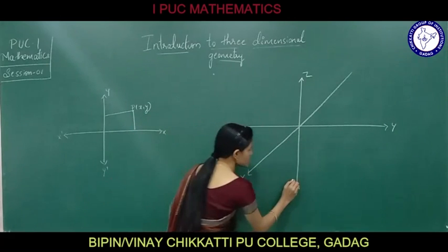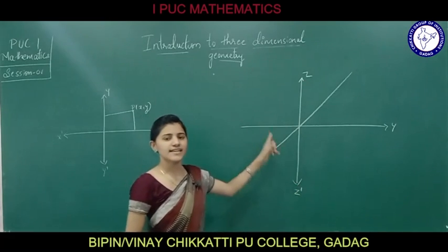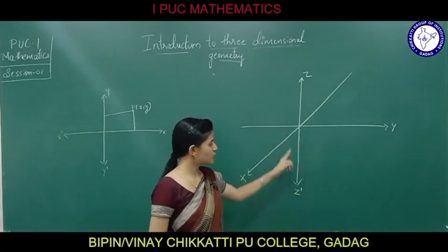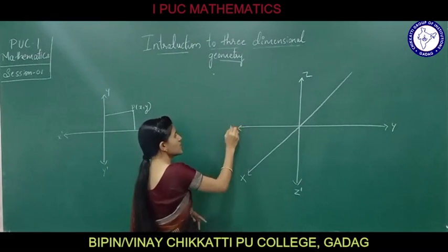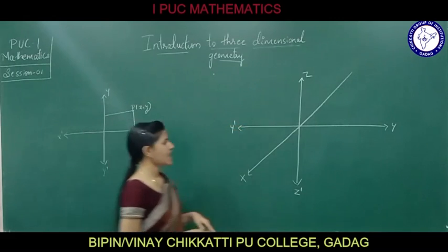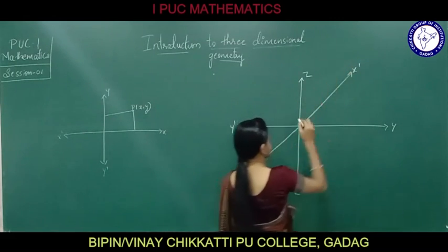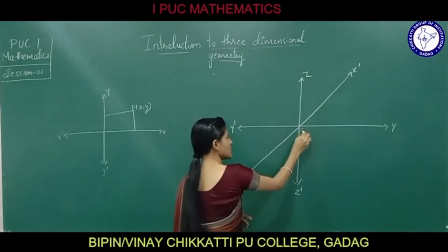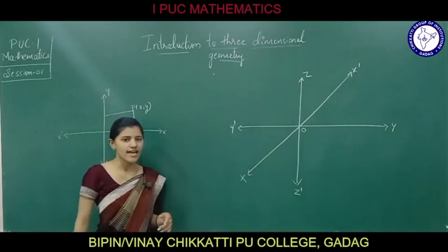This is going to be z dash, nothing but the negative z axis. In the same way, this is going to be y dash, the negative y axis, and this is going to be x dash, and where all these axes meet we call it the origin and denote it as O.